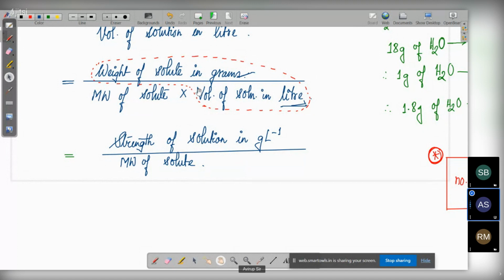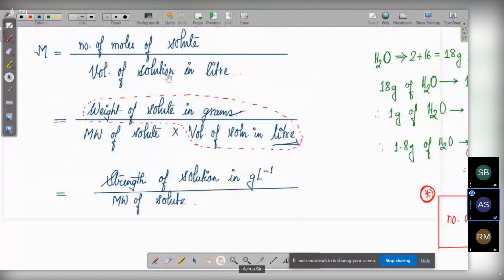They might directly give us the strength of solution in the question paper. So it depends from question to question what data will be given. Because there can be different orientations of a particular numerical, we learn all the formulas so that we can apply them according to the set of data given in the paper. Always the same set of data might not be given. They might not always give us the number of moles of solute. If they give us, then very nice. If not, then we have to derive the other formula.